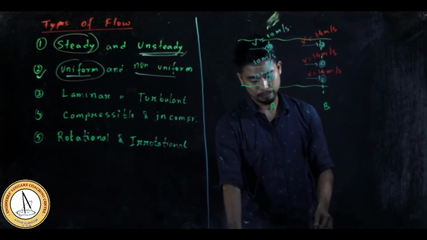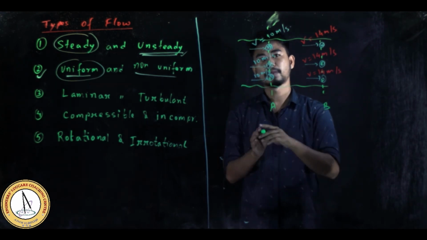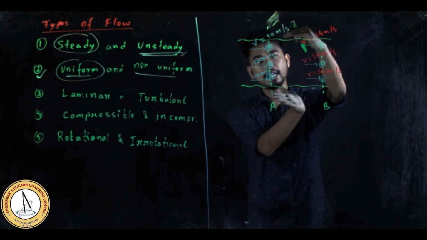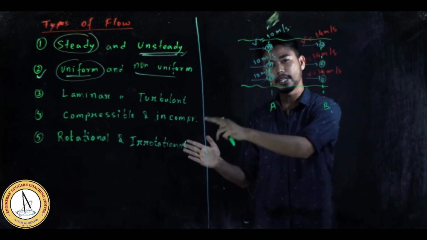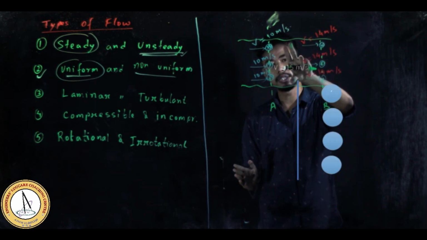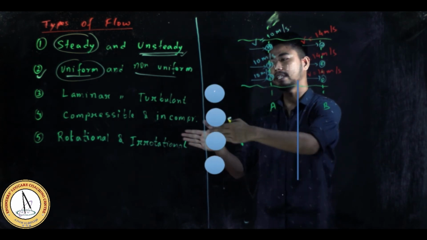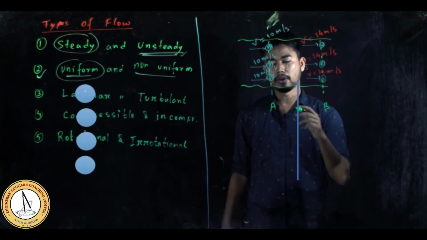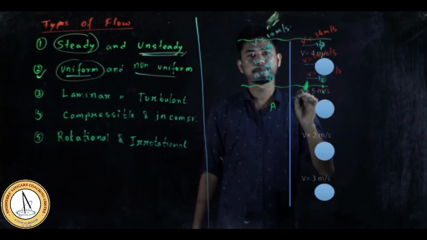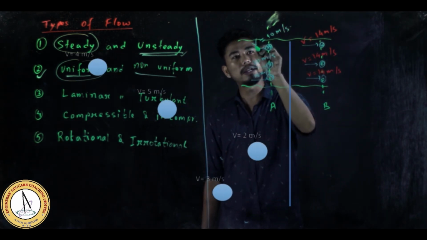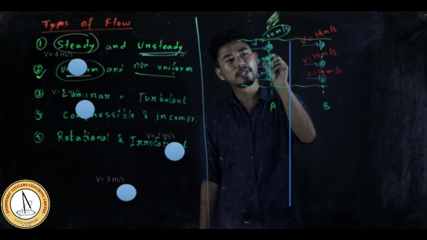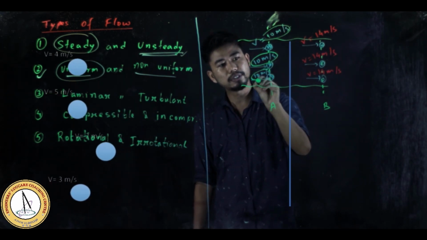Now you observe what is happening here. This is the width of the channel or width of the pipe. To explain this, I am giving you one diagram of what this is actually representing. It is representing the width of the river or width of the channel. Now when I take one cross section, the velocity is 10, here also 10, here also 10.